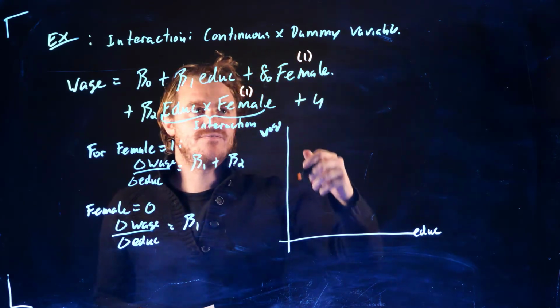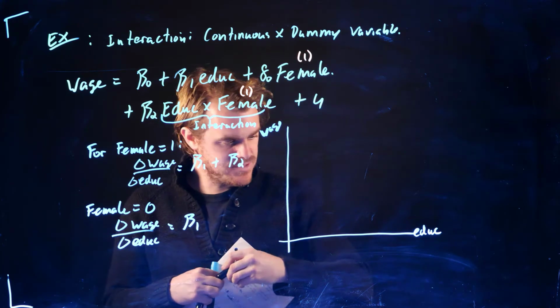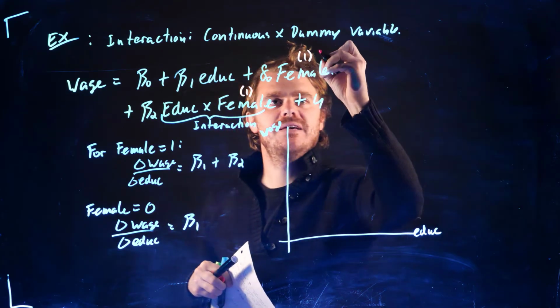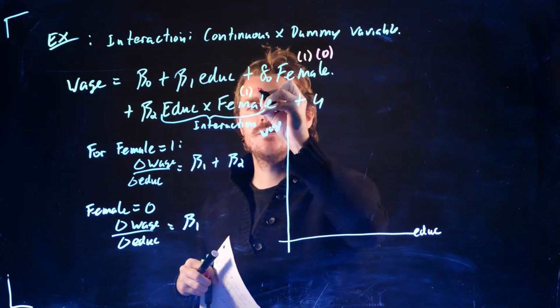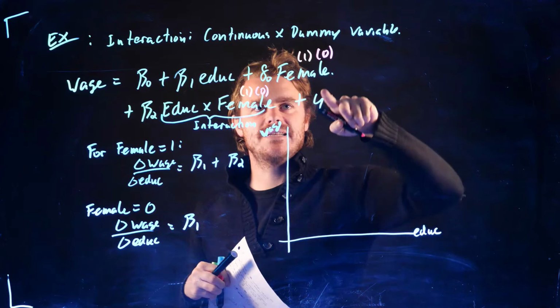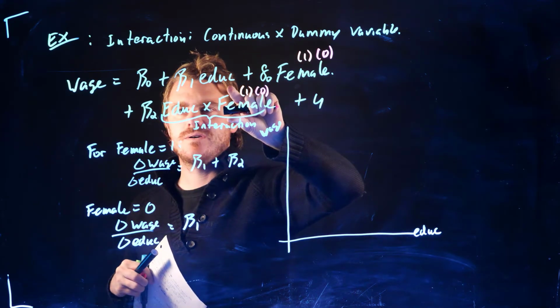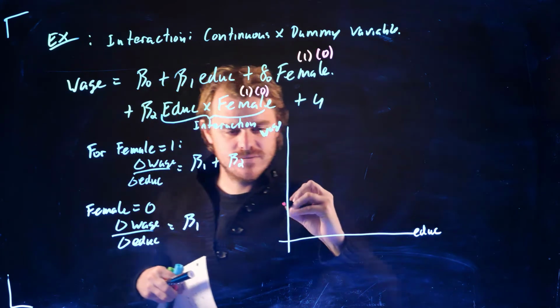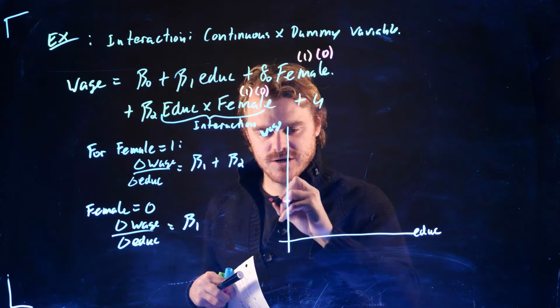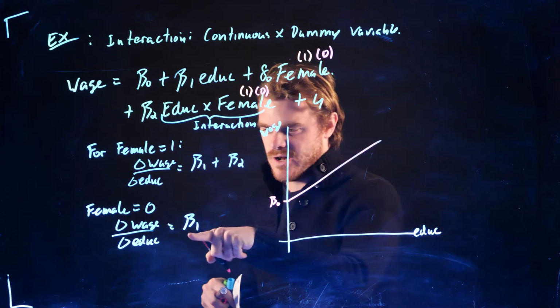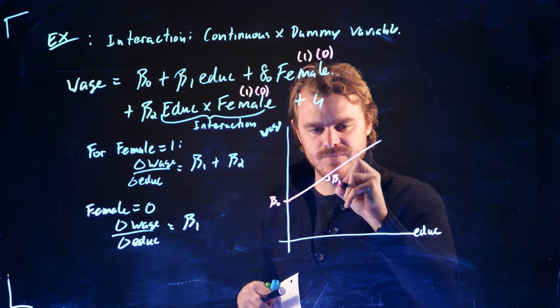Let's use pink. That means this variable is 0, so that drops out and that drops out, which means beta 0 is the intercept. And as we saw over here, beta 1 is the slope.